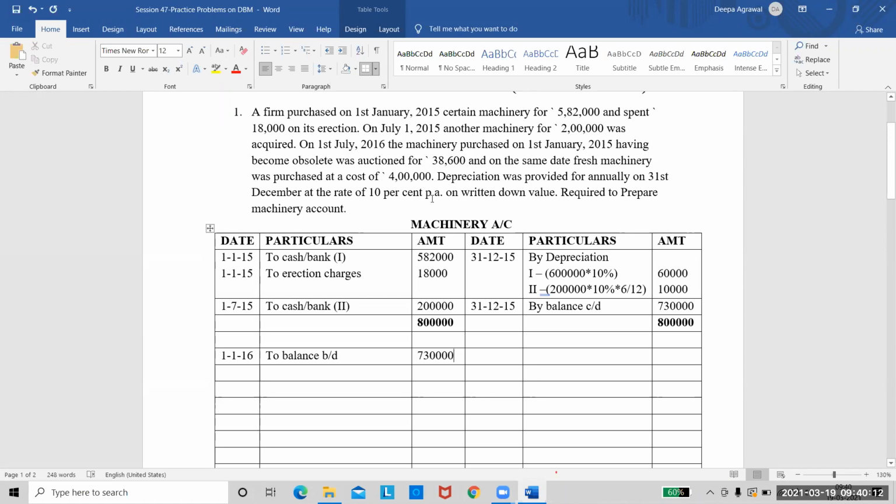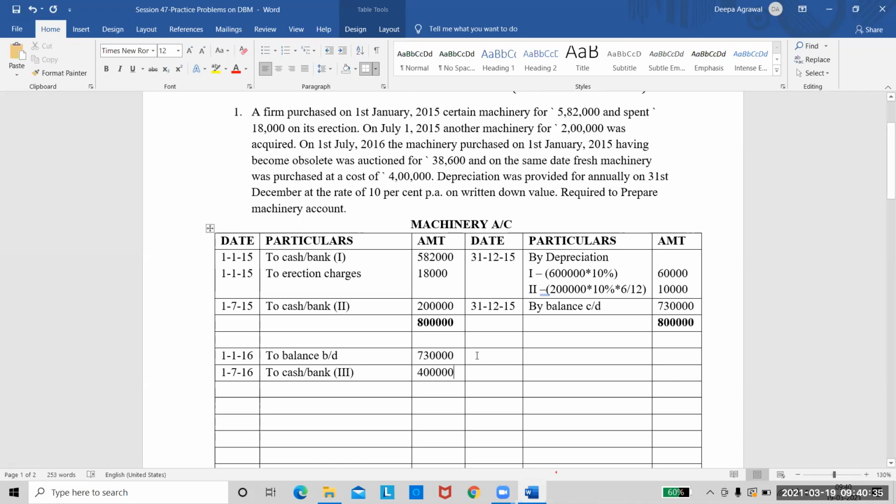So here we purchased one more machinery and we sold the first machinery. So first we will take the entry for purchasing the new machinery. 1/7/2016. Write the entry as to cash/bank in brackets machinery number 3. So the amount is 4 lakhs.